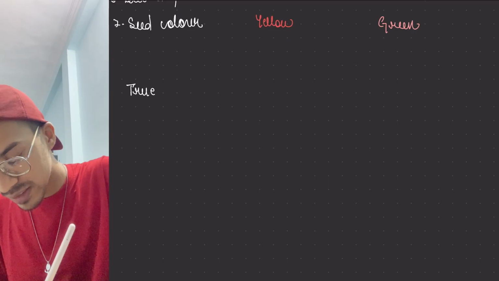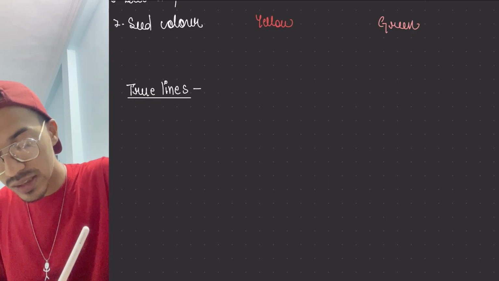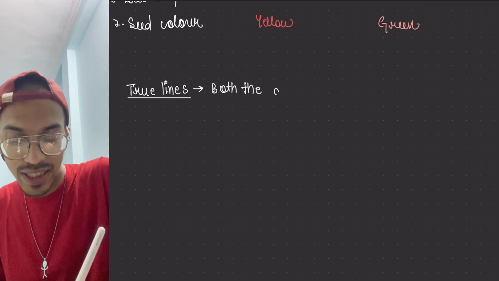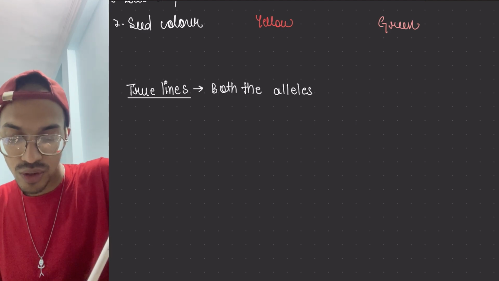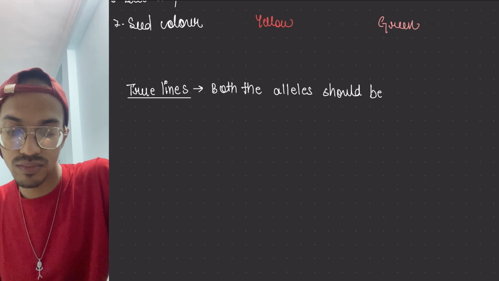True lines means that both the alleles should be similar.